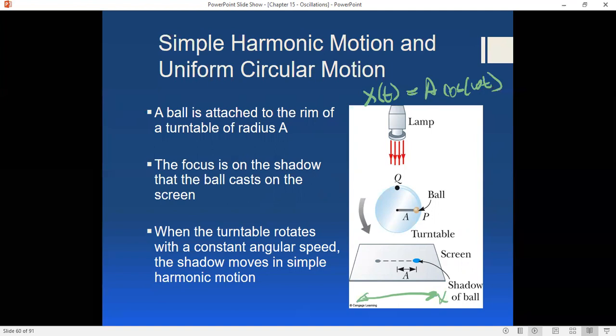So there's this connection between the periodic motion of an object moving in a circular path at a constant rate and the periodic motion of a simple harmonic oscillator. In circular motion, you're oscillating in the x direction and the y direction. Simple harmonic motion is even simpler. We're only oscillating in one direction.